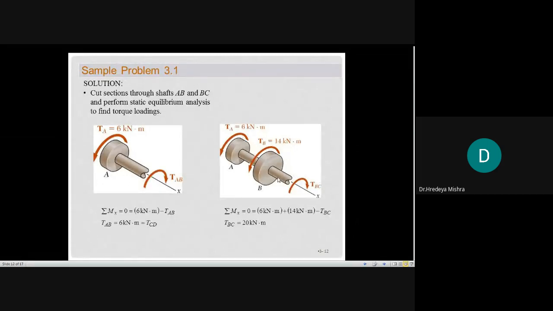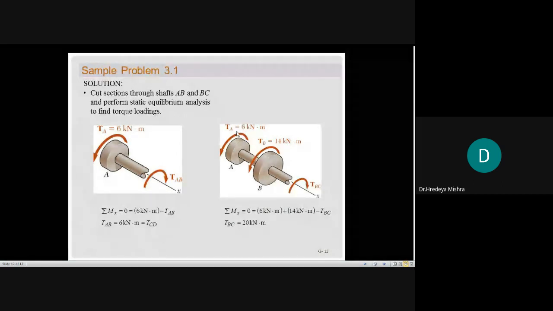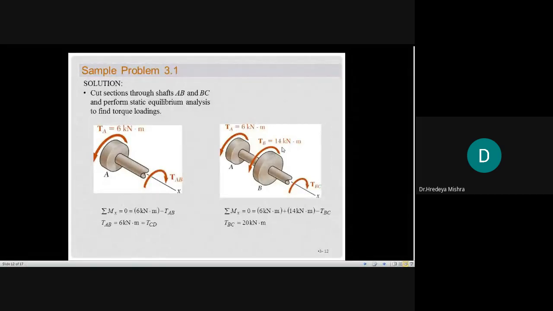Now we have to calculate this torque. This is the condition of equilibrium. The x direction torque is 0 because this assembly is in equilibrium condition. So here TA is 6, TB is 14, and torque BC we have to find out.